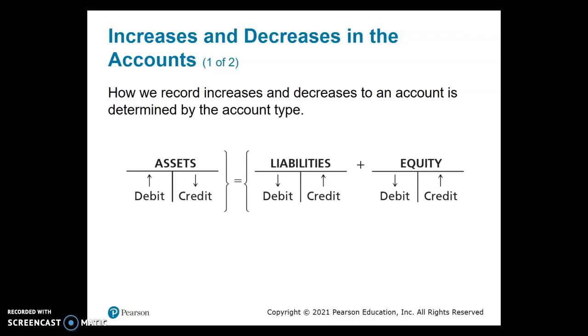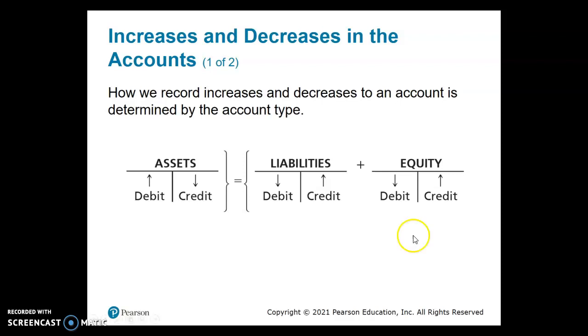If any asset goes down, we put that number on the right side of the T account, or we credit that account. And for everything on the right side of the equals, liabilities and equity, the rules of debit and credit are reversed.